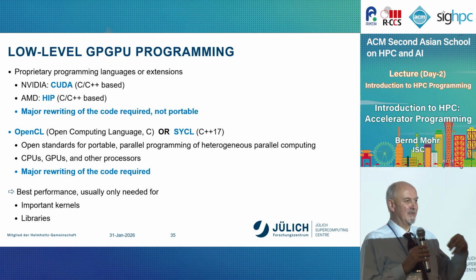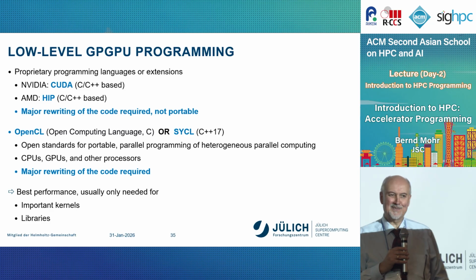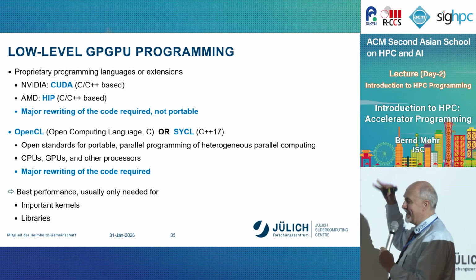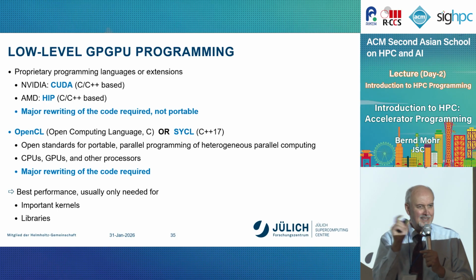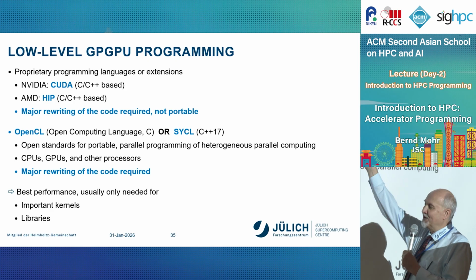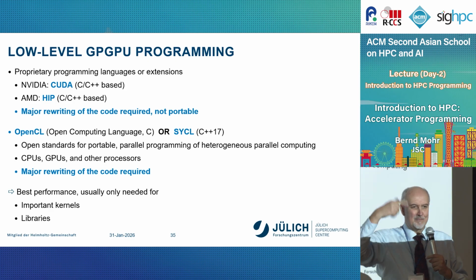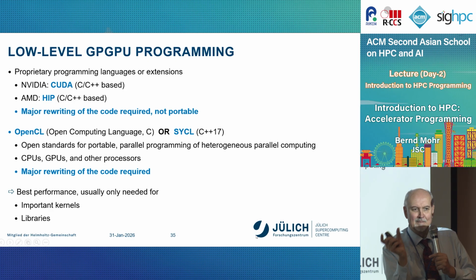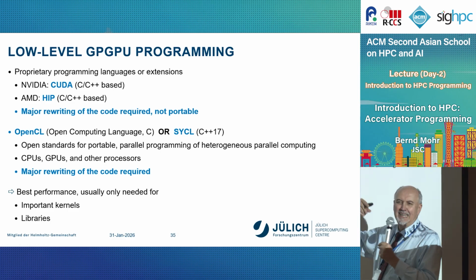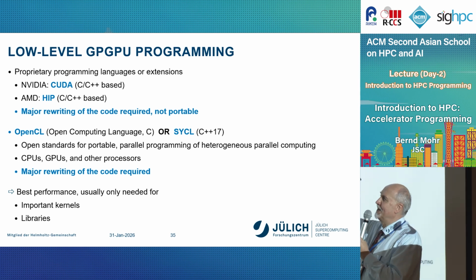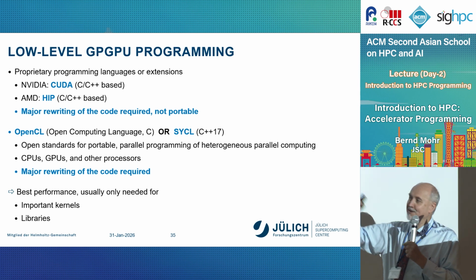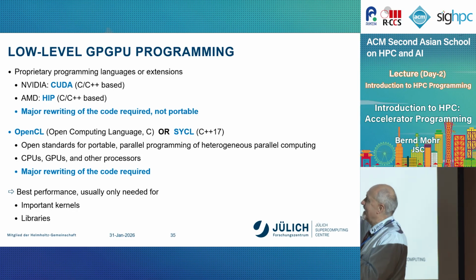So instead of calling the function CUDA-malloc, you now call HIP-malloc. It's basically the same thing. There are a few small differences because AMD GPUs are different, so you have to have different versions of a code, but both of them are very similar. And there are typically little utilities where you can automatically translate CUDA into HIP code and HIP code into CUDA code.